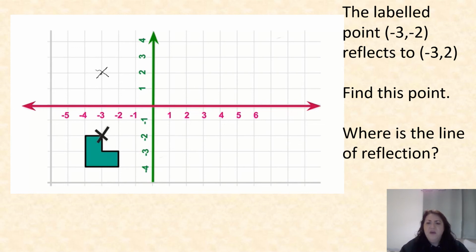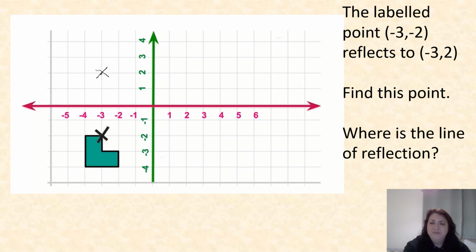Okay. Where is the line of reflection? Now, this is counting the squares, isn't it, to see where we've come away from. So here we've got 1, 2, we've got 4 squares to get there. So halfway between those 4 squares is 2. So our line of reflection, can you see, it's the x-axis. Our line of reflection is that pink line. It's the x-axis.